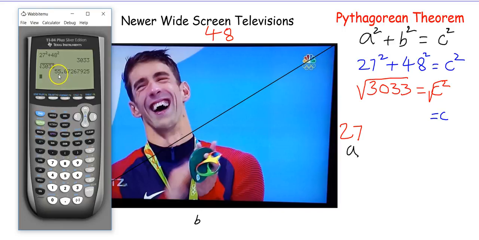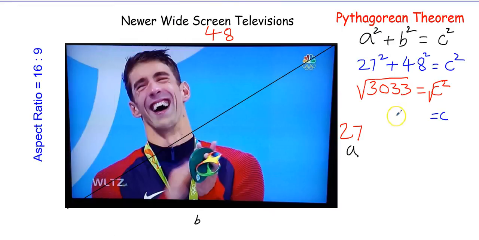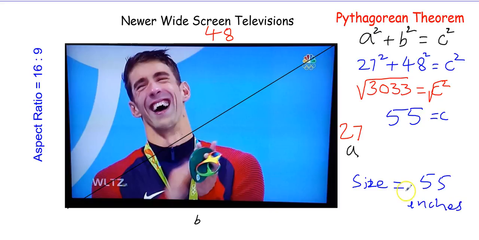So you have here 55.07 inches. If I round it off, I can just write it as 55. So the size of this television is equal to 55 inches. That's how you can measure.